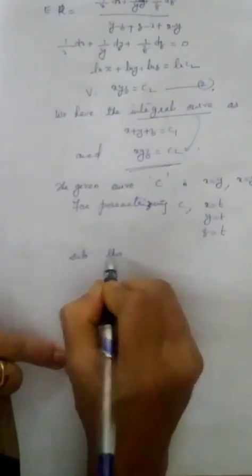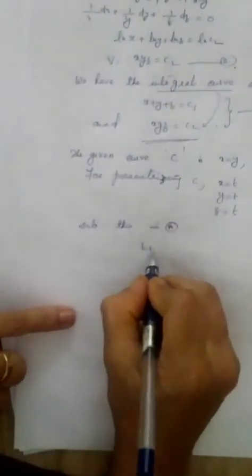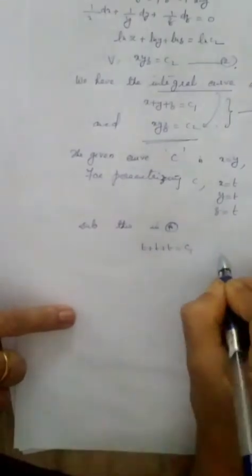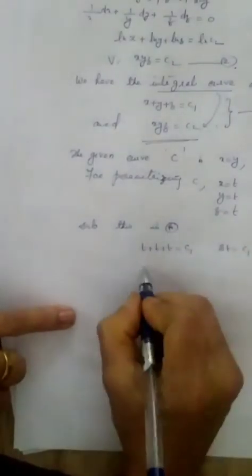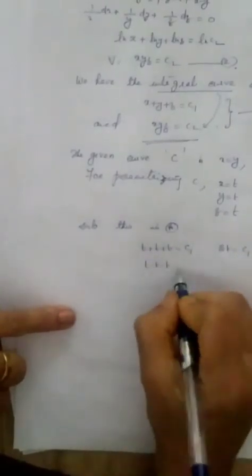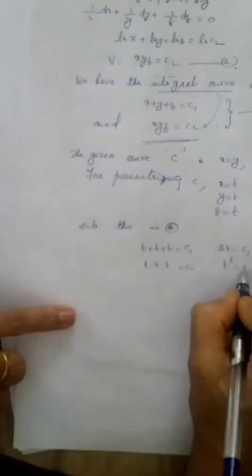Now we substitute this parameterization in the step. We have t plus t plus t equal to c1, that is 3t equal to c1. t into t into t equal to c2, means t cube equal to c2. So these are the new equations. This is 3, this is 4.